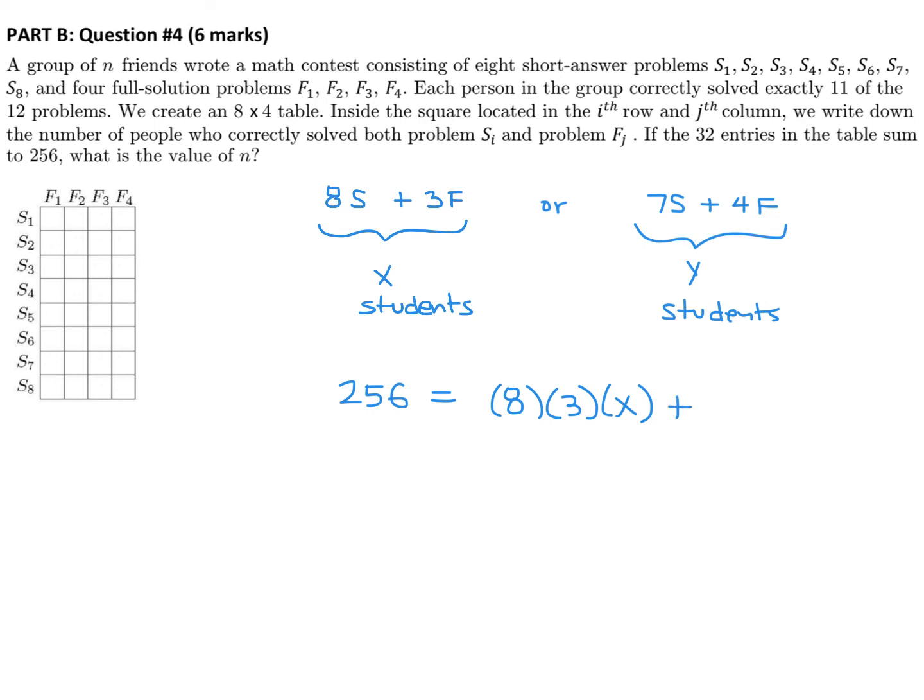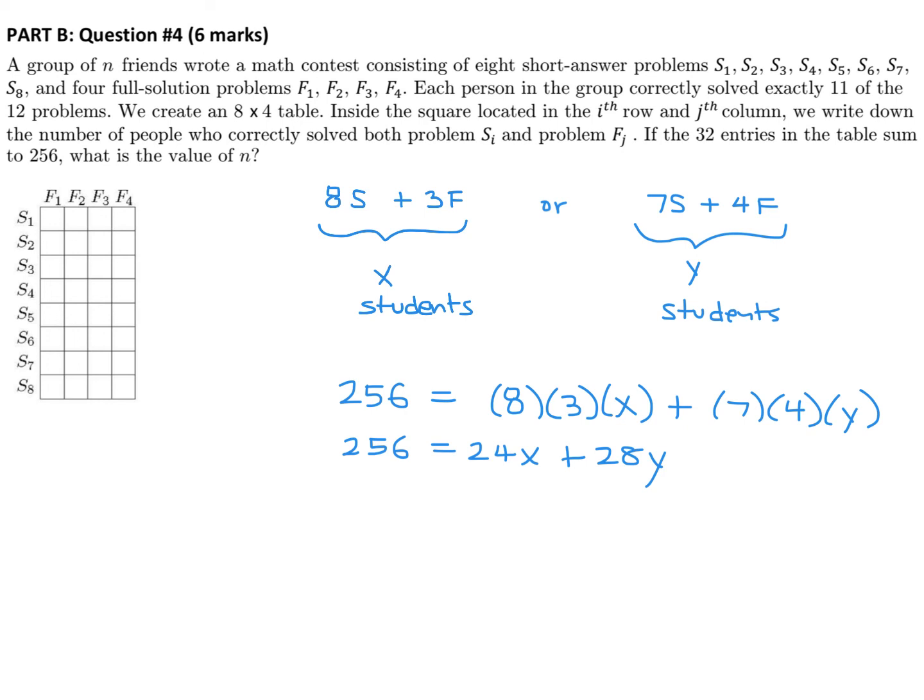And then we have to add to that this 7, this 4, multiplied by y. And that is basically how the table would behave in terms of mathematics if you put it into an equation. So that means that 256 is equal to 24x plus 28y.